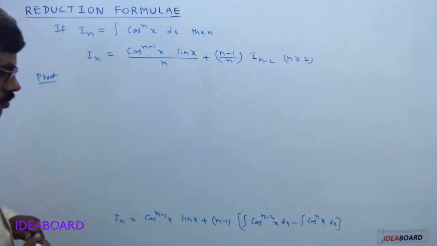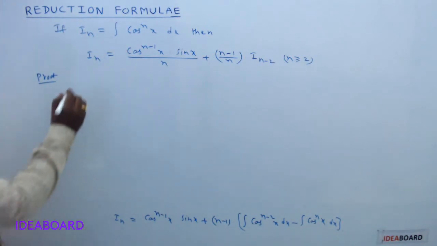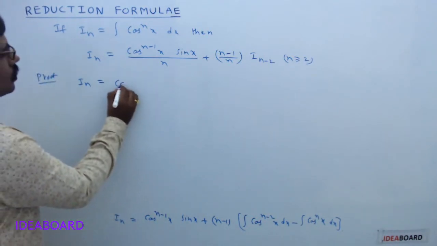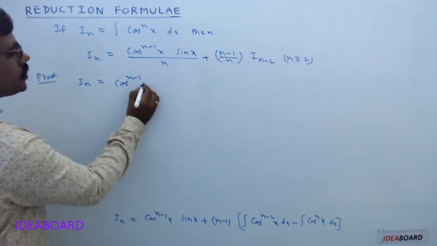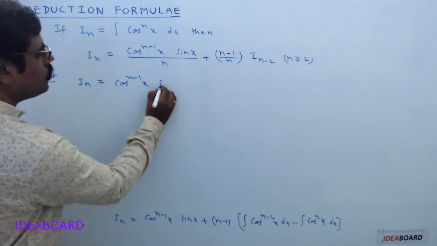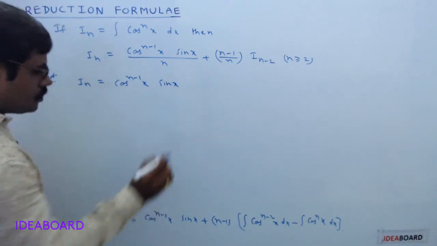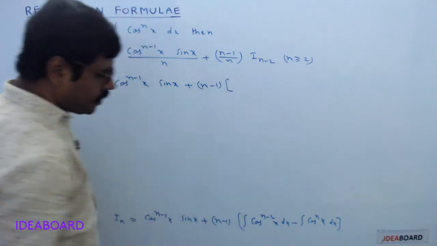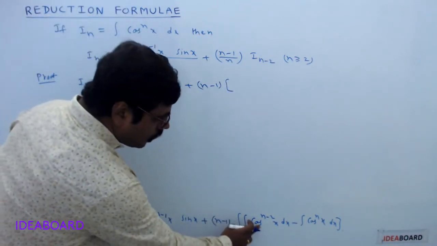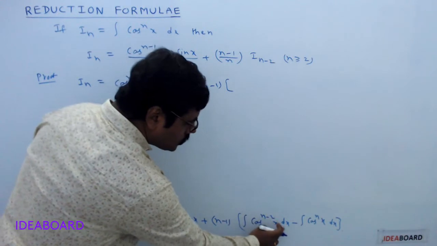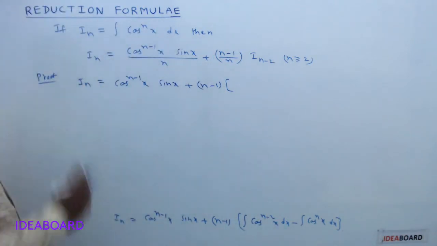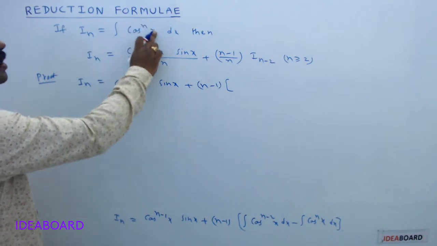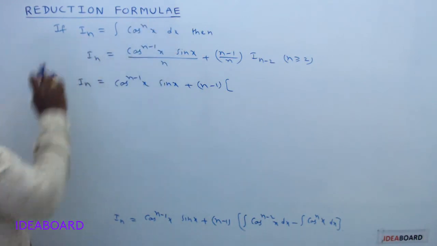Now see the simplification part. LHS part: In equals cos power n minus 1 x into sin x plus n minus 1 into integral cos power n minus 2 x dx. If you look at the given function, integral cos power n x dx is In.